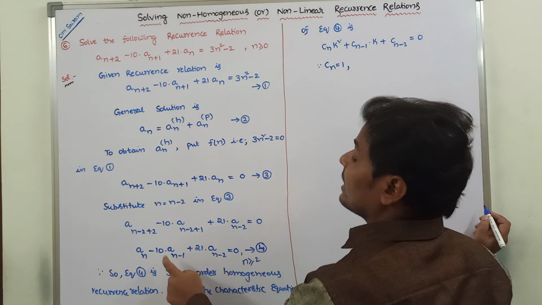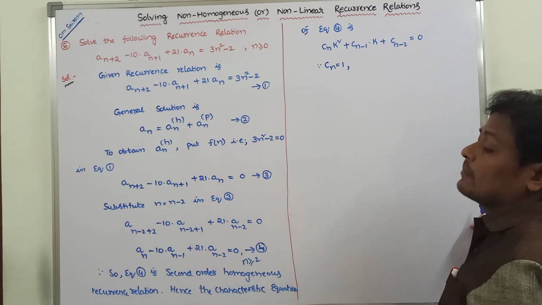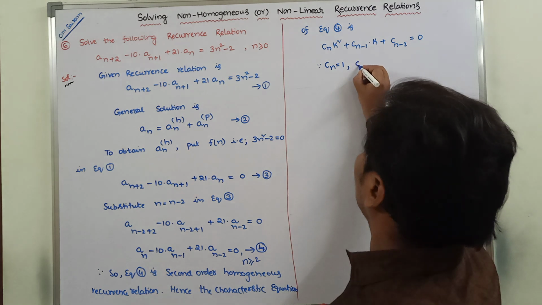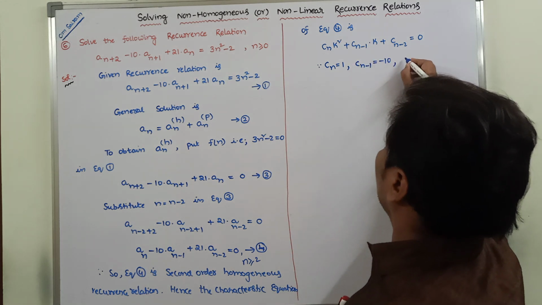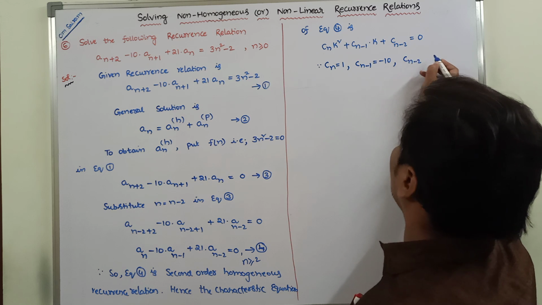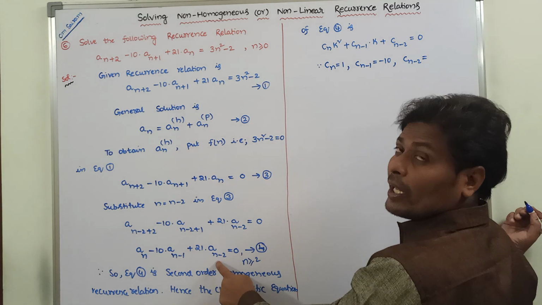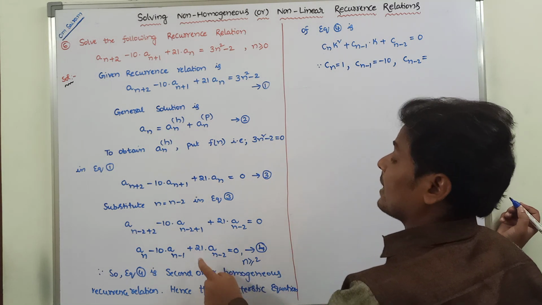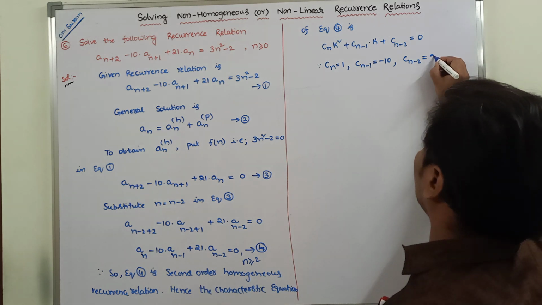It is the coefficient of A suffix n minus 1, so its value is minus 10. What is the value of C suffix n minus 2? It is the coefficient of A suffix n minus 2, so that value is 21.